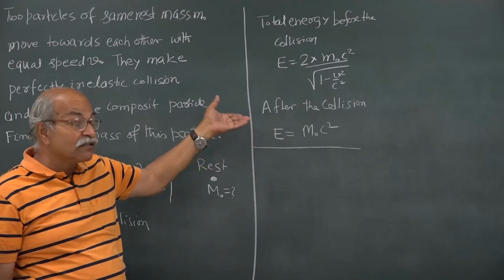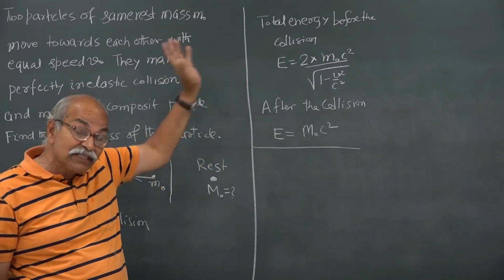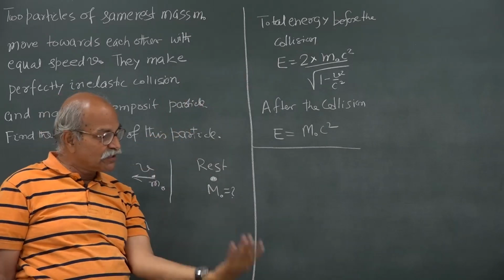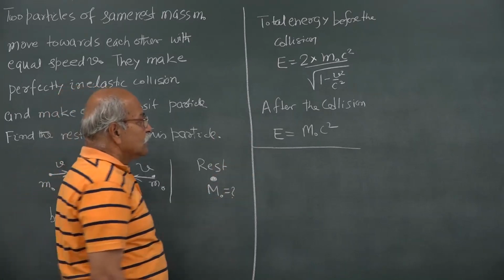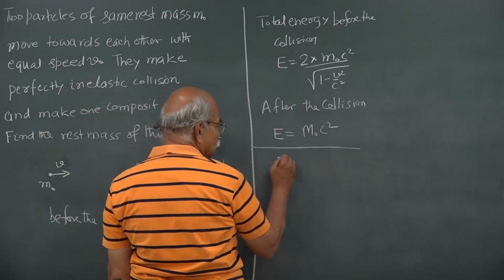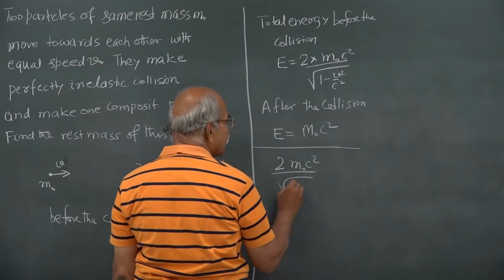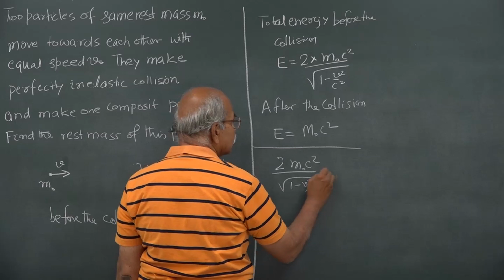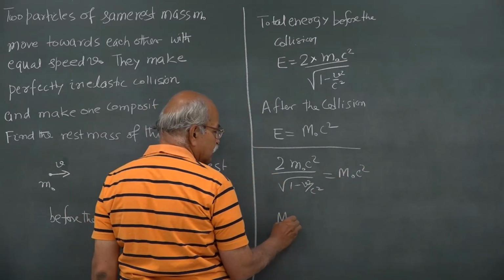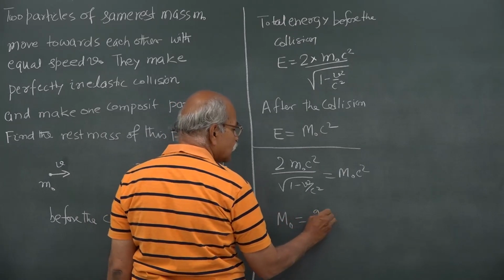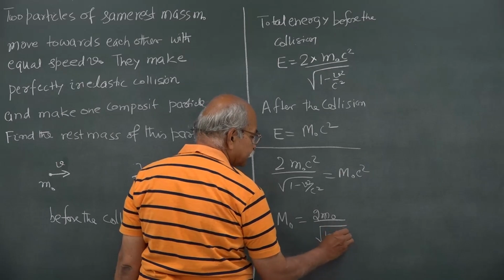Here kinetic energy is lost, but then this rest mass energy appears. So 2 times m naught c square by square root of 1 minus v square by c square is capital M naught c square. So capital M naught is 2 times m naught divided by square root of 1 minus v square by c square.